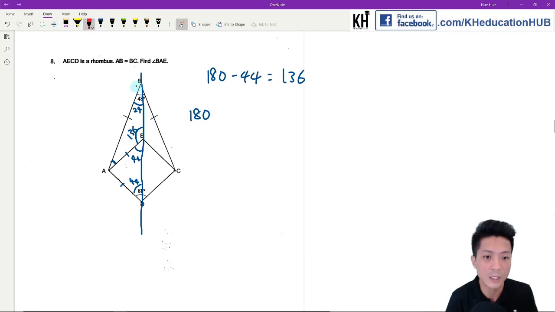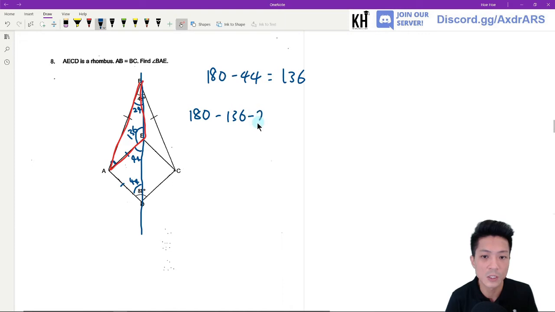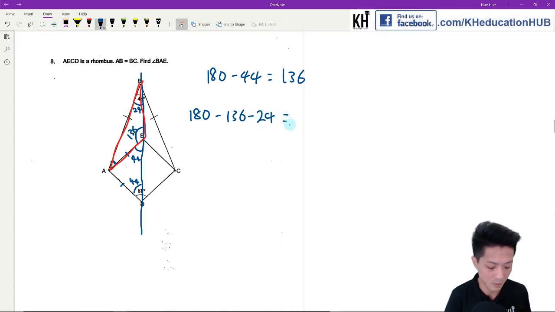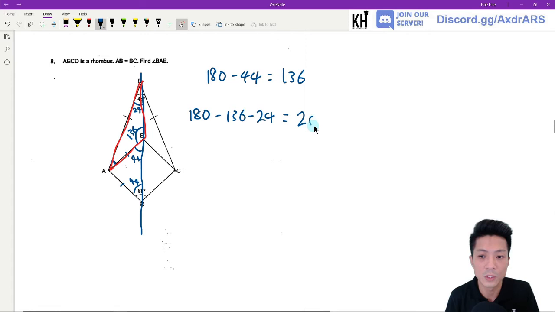Looking at this triangle over here, we can use 180 minus 136 minus 24. It's gonna be equal to 30 degrees.